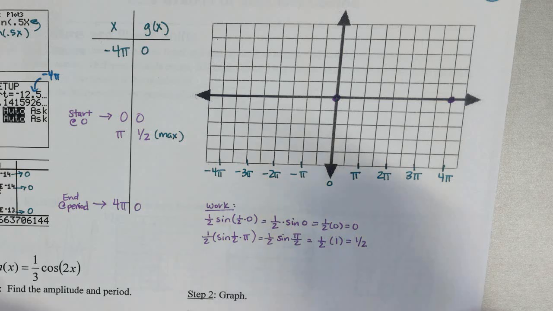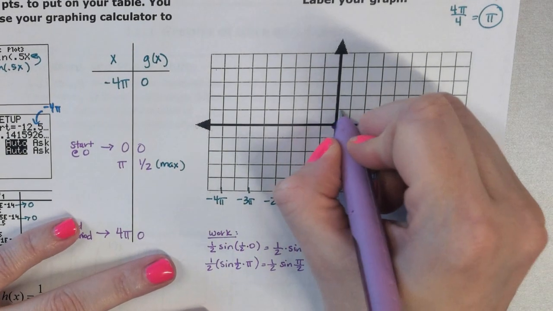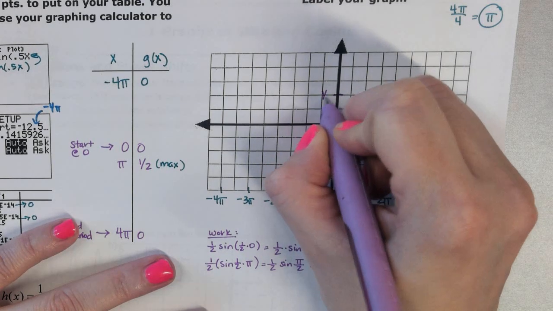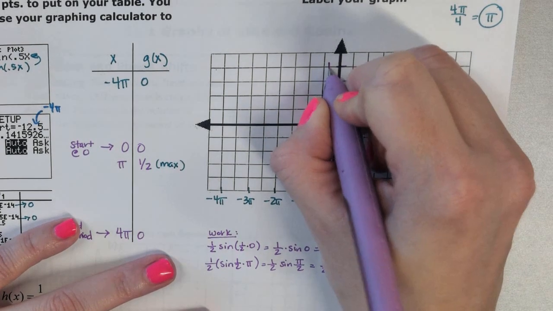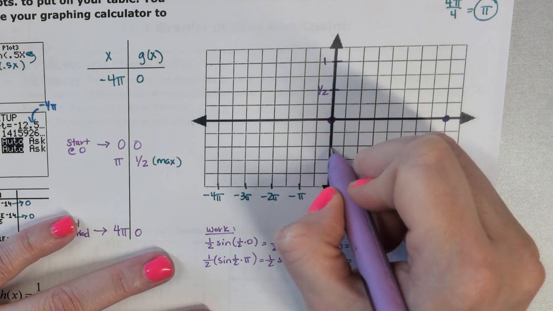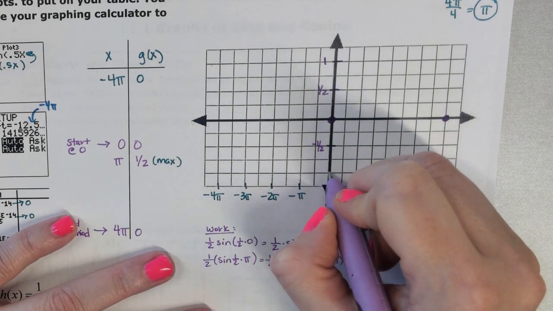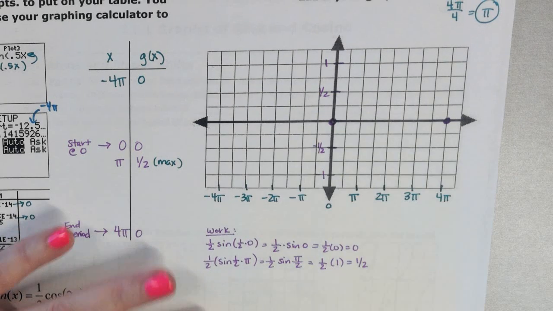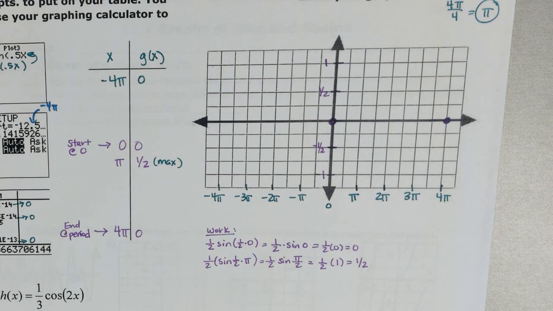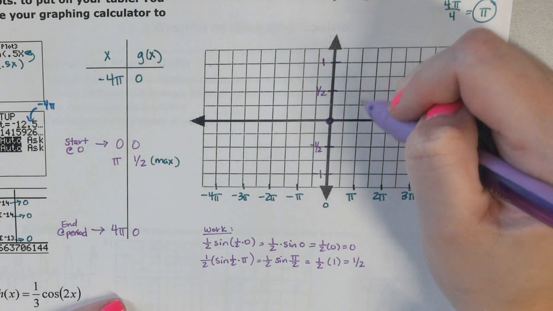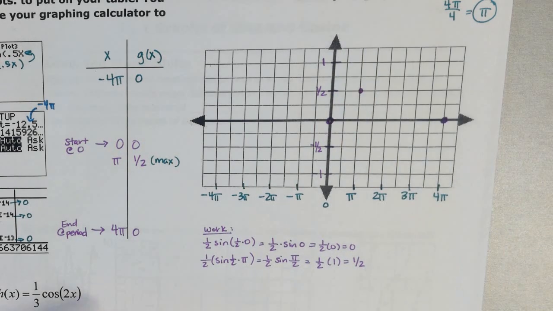You could do that. Now you can decide. You can put 1/2 here. Sometimes I like to just go every other one. That is really personal preference, and you can decide. All right. So at pi, we're at 1/2, okay? We can also use our pattern. So remember what we just talked about.